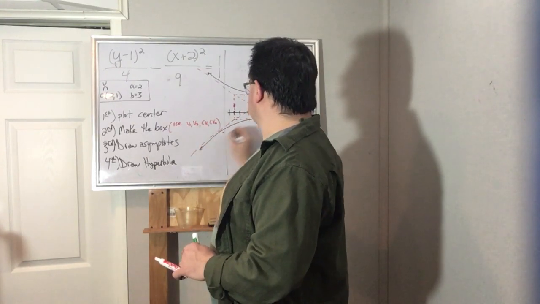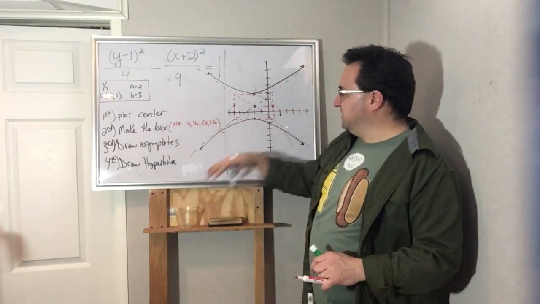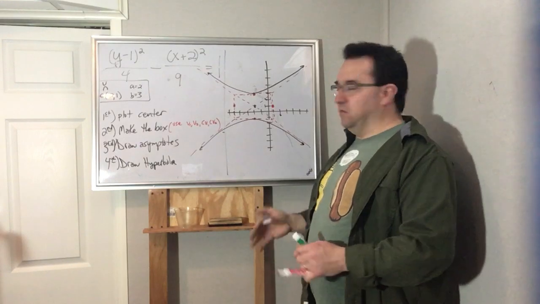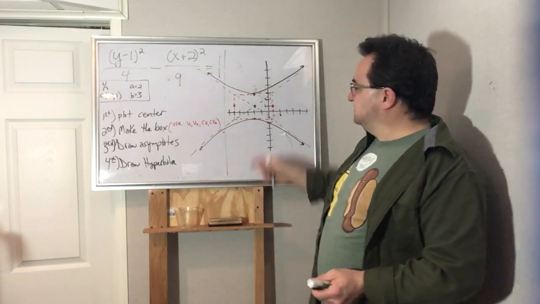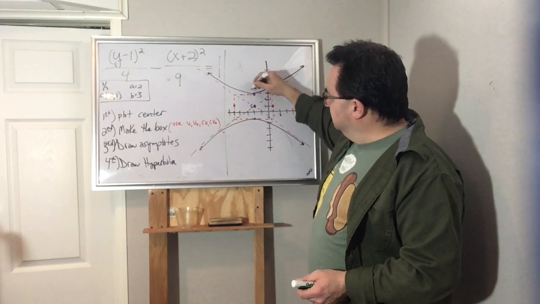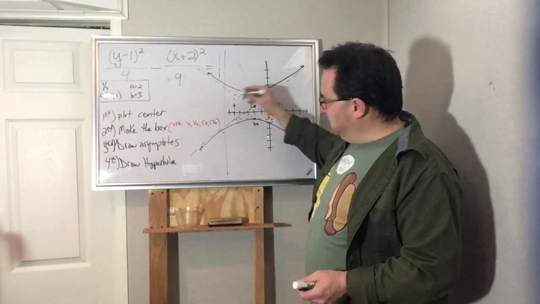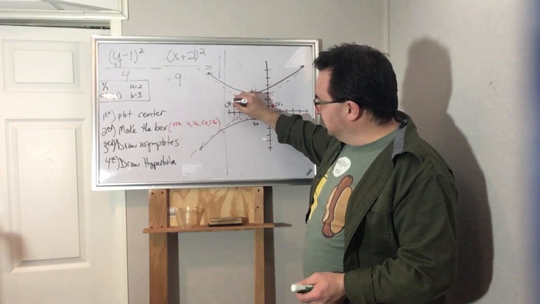Head towards this asymptote. See, it's like coloring in the lines. Those asymptotes are guidelines, so I know how this hyperbola opens. The hyperbola is the black here. This is the center, vertex 1, vertex 2, co-vertex 1, and the other co-vertex.